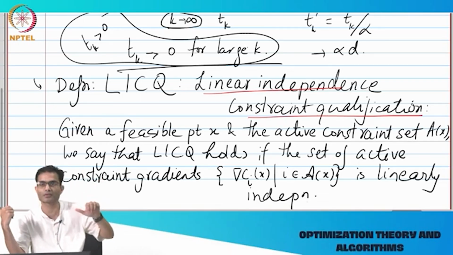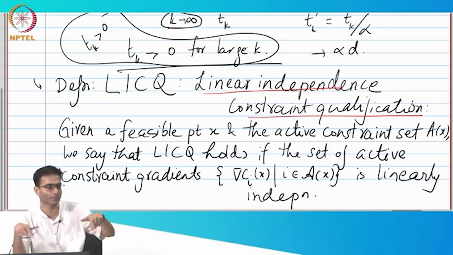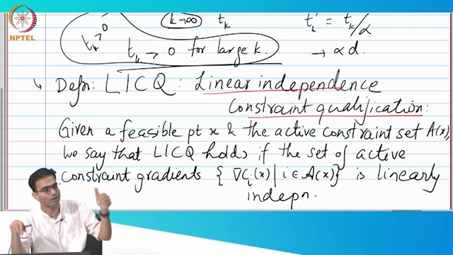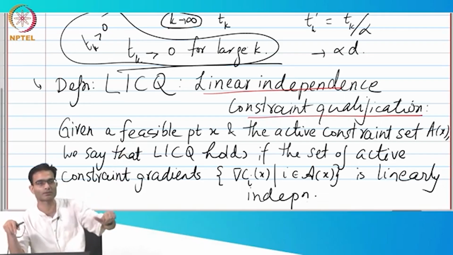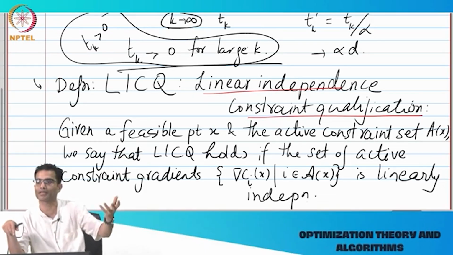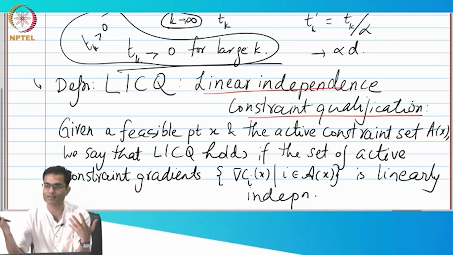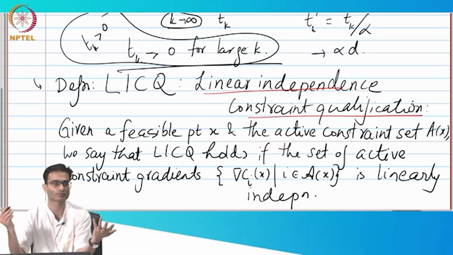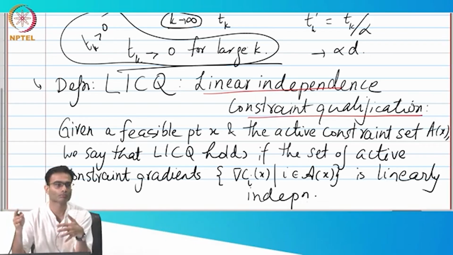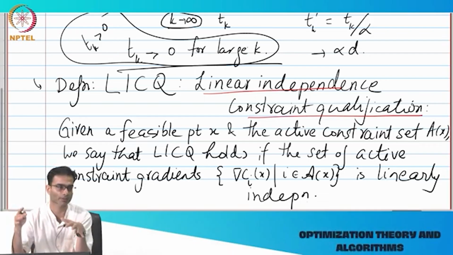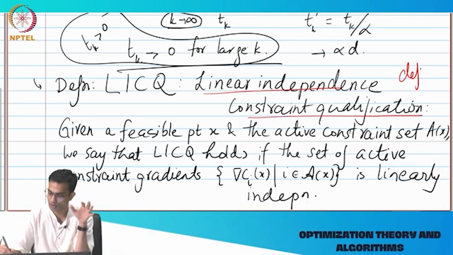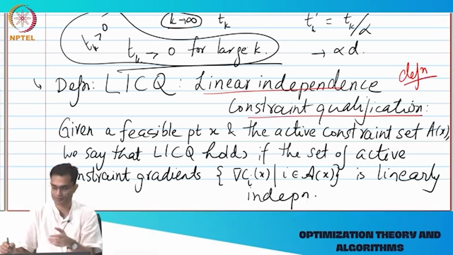In the example that I have, a gradient is a two-dimensional vector. For all the gradients, I will have a bunch of two-dimensional vectors. Can I investigate whether or not this set is linearly independent? Yes, I will get a yes or a no answer. If the answer is yes, then we say LICQ holds. If I get no, we say LICQ doesn't hold. So this is just a definition. We are going to do something useful with this definition in a moment.